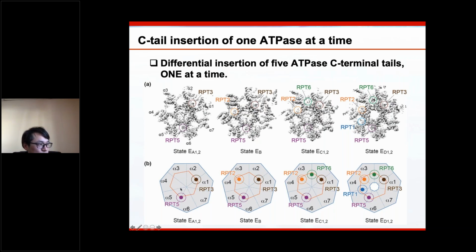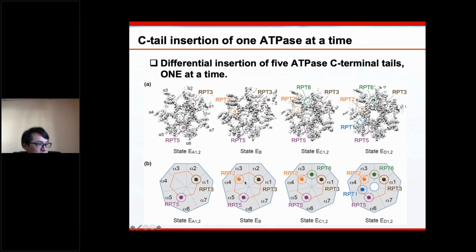What it shows is that one more C-tail is inserted into the alpha ring each time it moves from one state to the nearest downstream state.